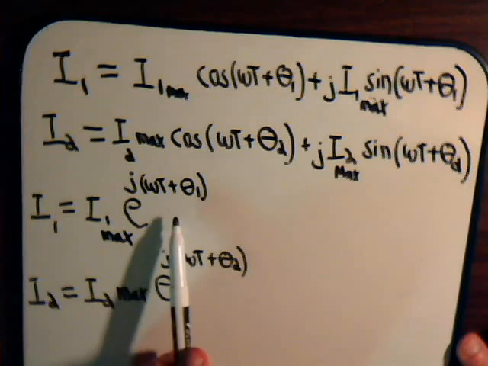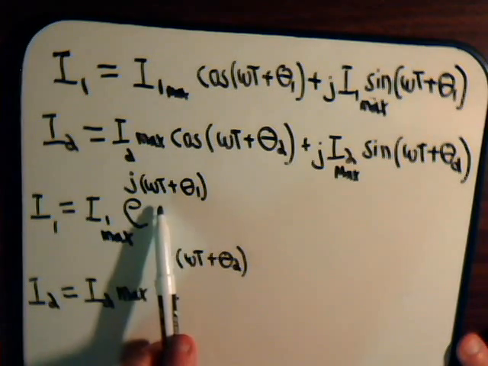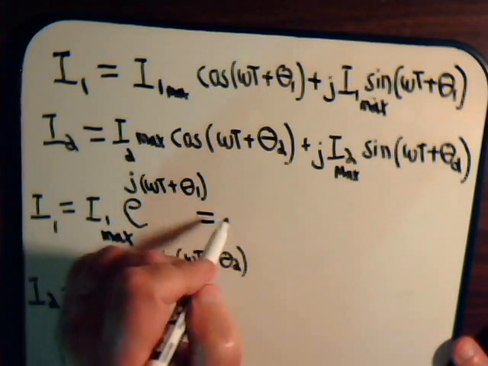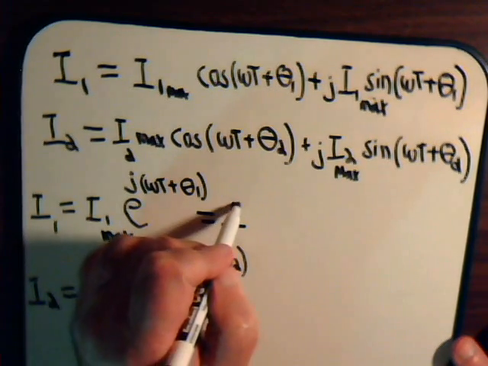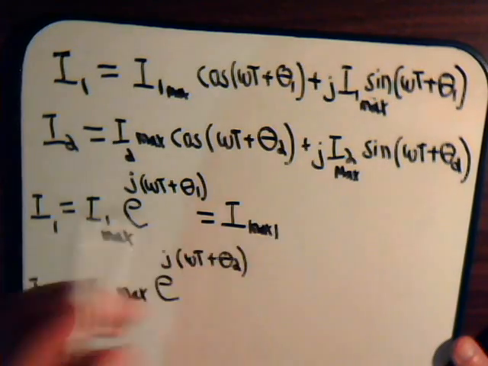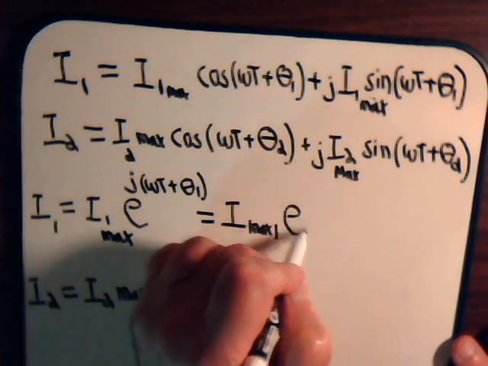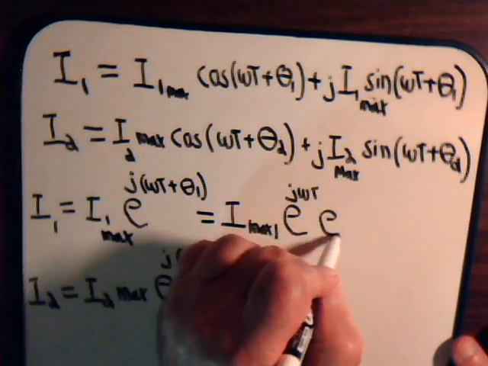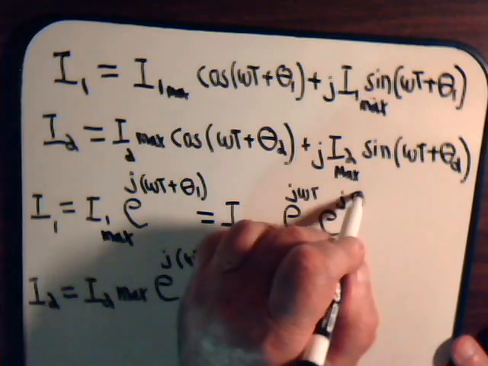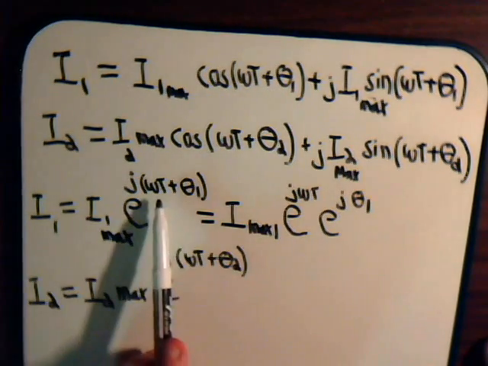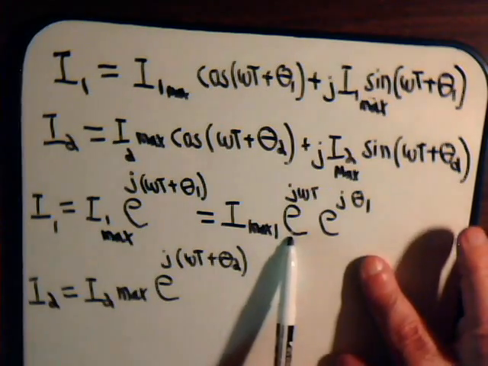And of course, this here can be rewritten like this. This will equal I max 1 e to the j omega t e to the j theta 1. Adding exponents is the same thing as multiplying.